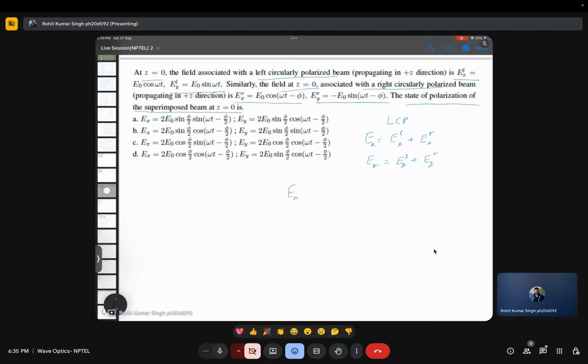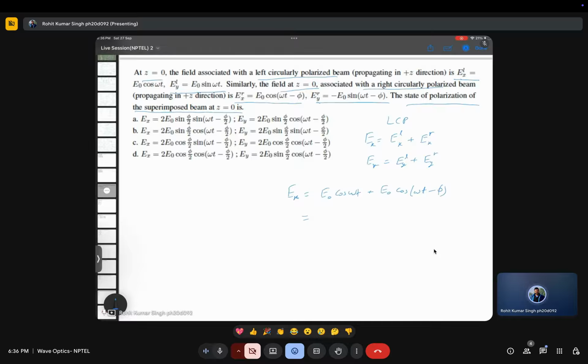So Ex will be equal to E naught cos omega t plus E naught cos omega t minus phi, right? So you can use the cos formula, cos A plus cos B, right?